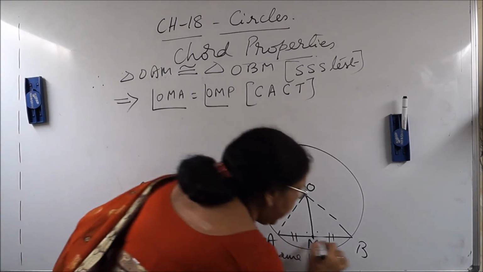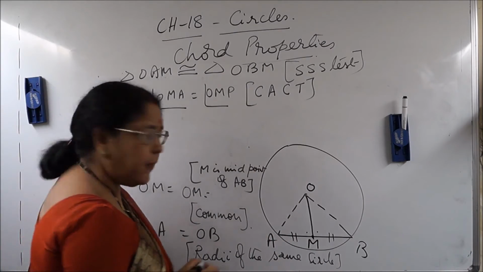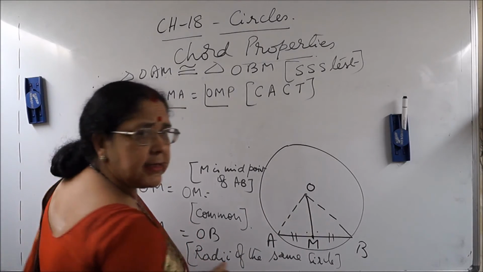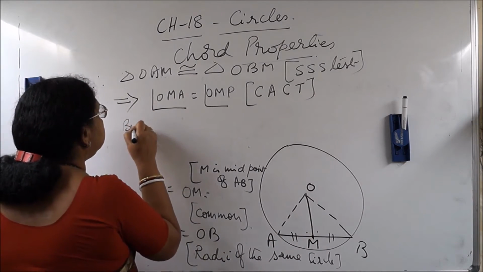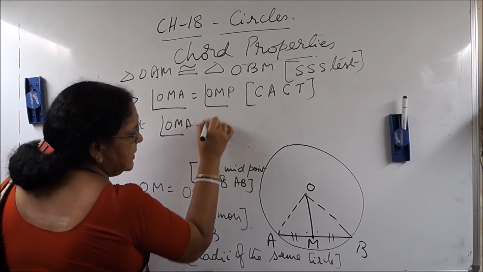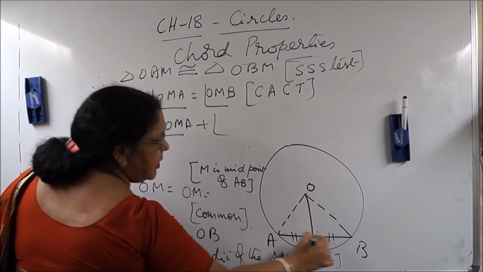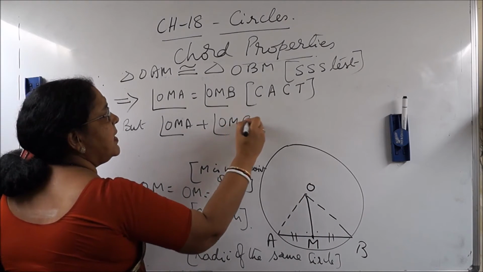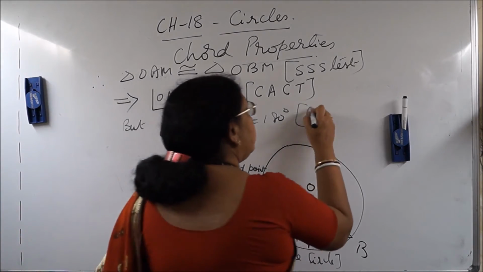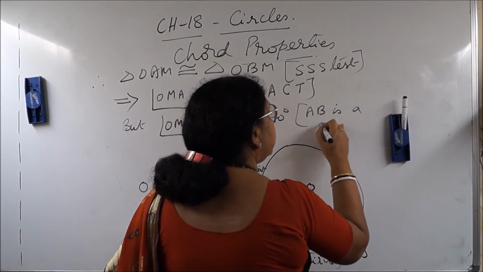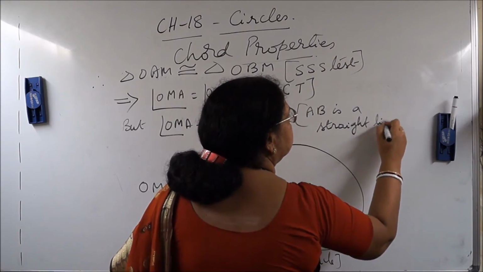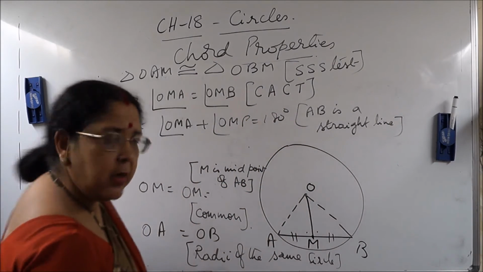But AB is a straight line. So these two form a linear pair because it is a 180 degrees straight line. So angle OMA plus angle OMB is equal to 180 degrees. Why? Because AB is a straight line, or you may say they are a linear pair.